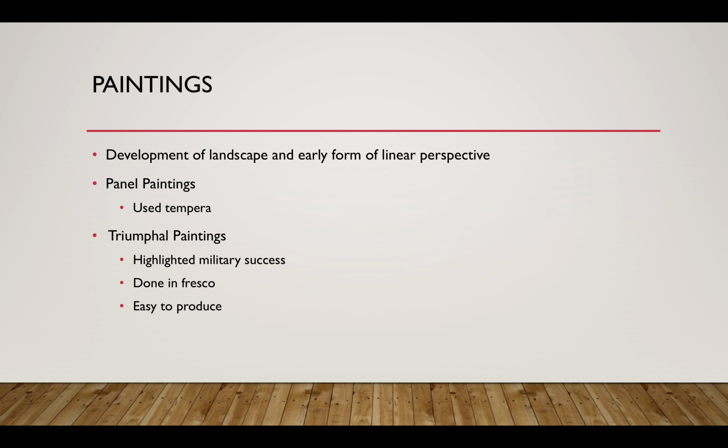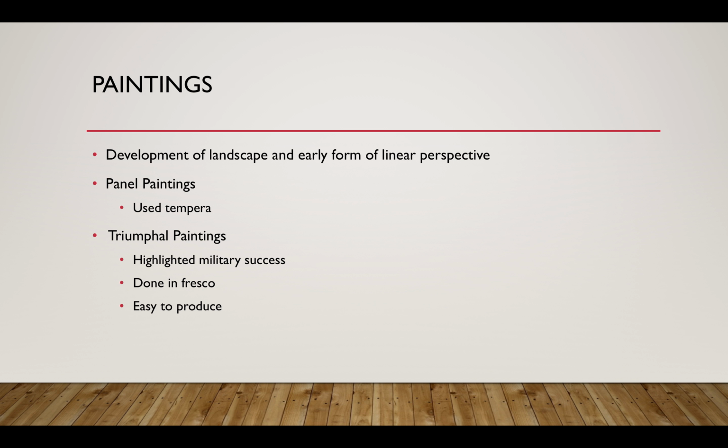Another great Roman advance is paintings. They maybe didn't do it as well as some other cultures, but they developed pretty much the landscape form of painting, and also an early form of linear perspective, which was then expanded in the Renaissance.